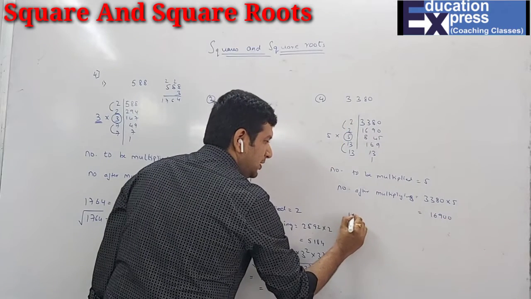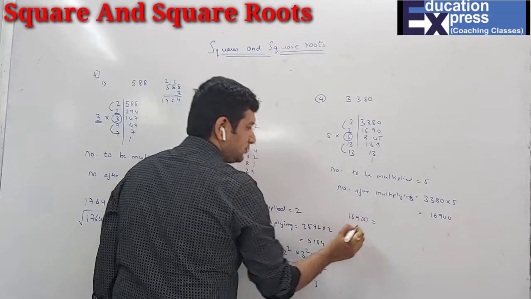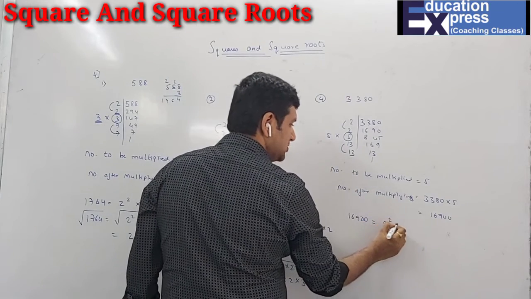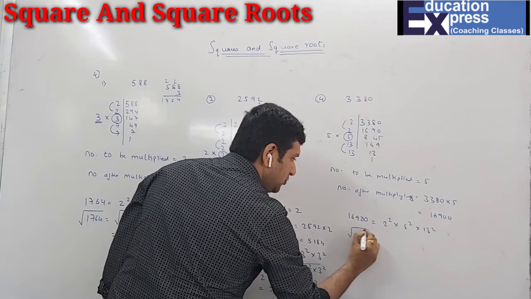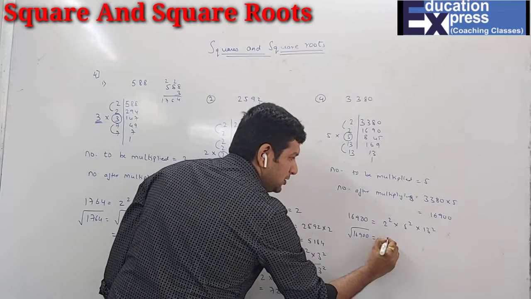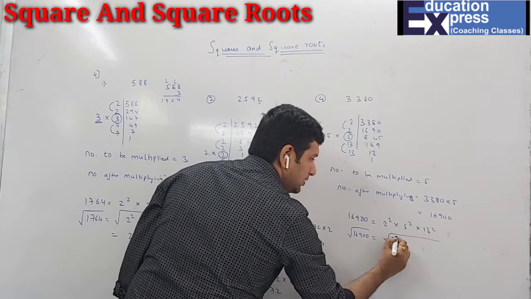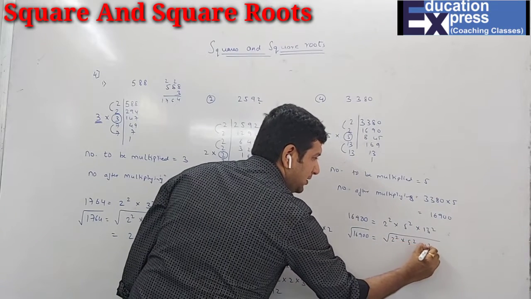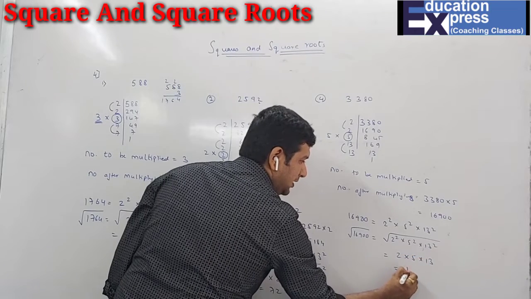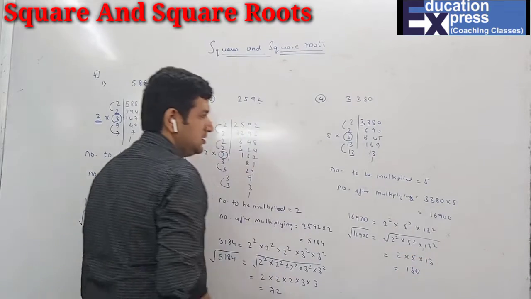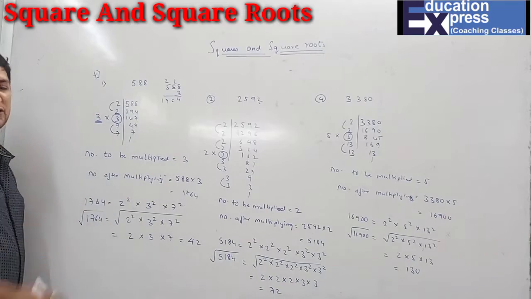So now 16900 is nothing but 2 square, 5 square and 13 square. Under root 16900, so under root 2 square, 5 square, 13 square is 2 into 5 into 13. That's 130, the answer. So with this, students, we have finished question number 4 also.